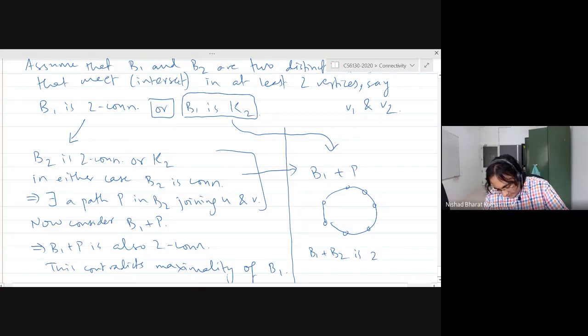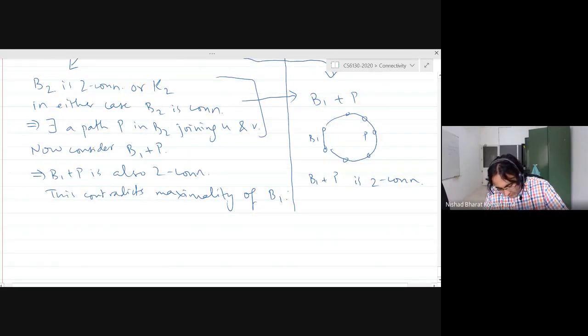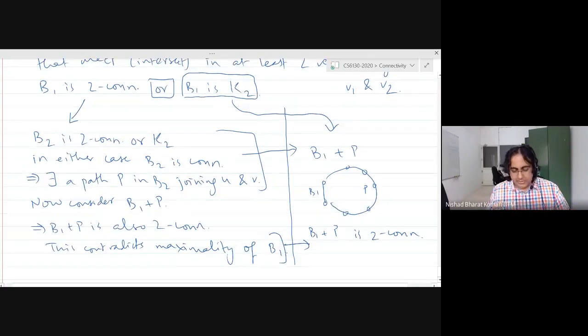So maybe I should write it like this. This is B1 and this is the path P. So B1 plus P is 2 connected. And again, you get the same contradiction. This contradicts the maximality of B1. Right? So in both cases, basically Samuel's argument works. Right?